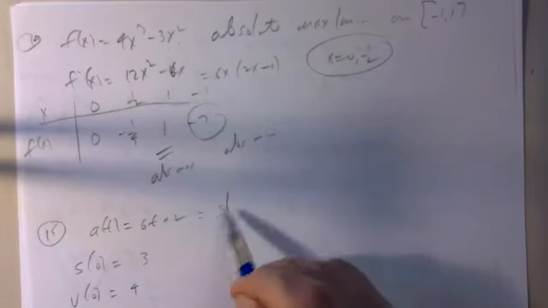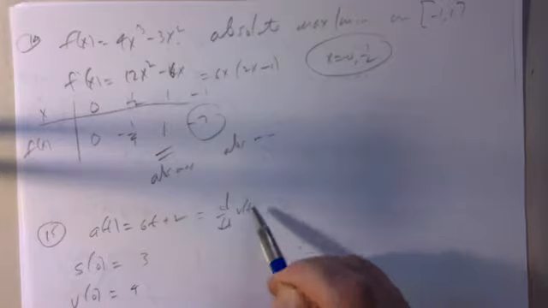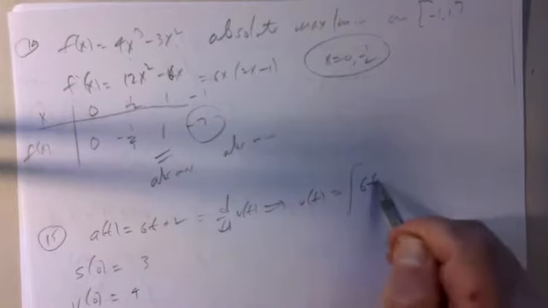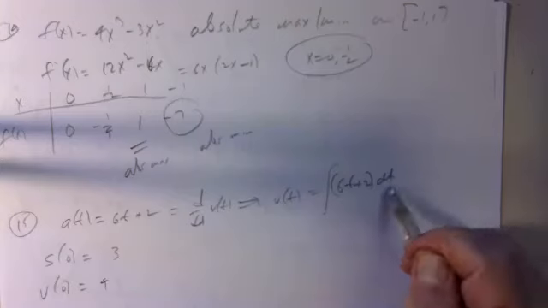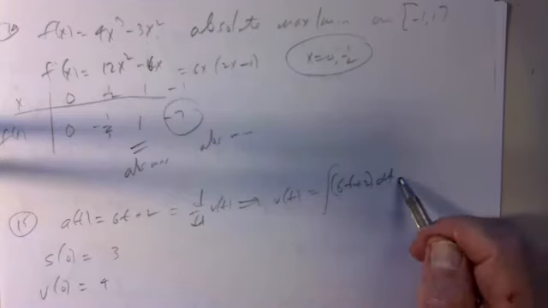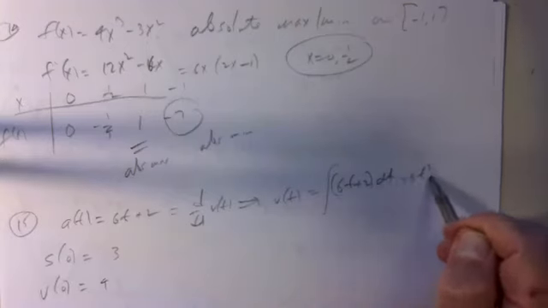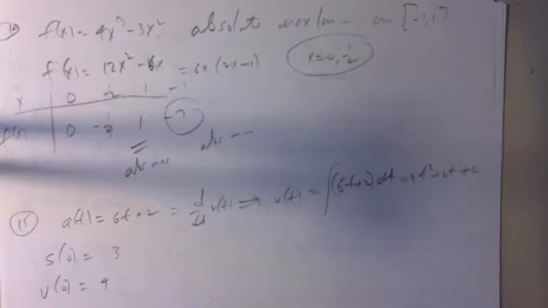So if the acceleration is 6t plus 2, the acceleration is the derivative of the velocity. So the velocity is the antiderivative of the acceleration. That means you take the integral, you get 3t squared plus 2t plus a constant.